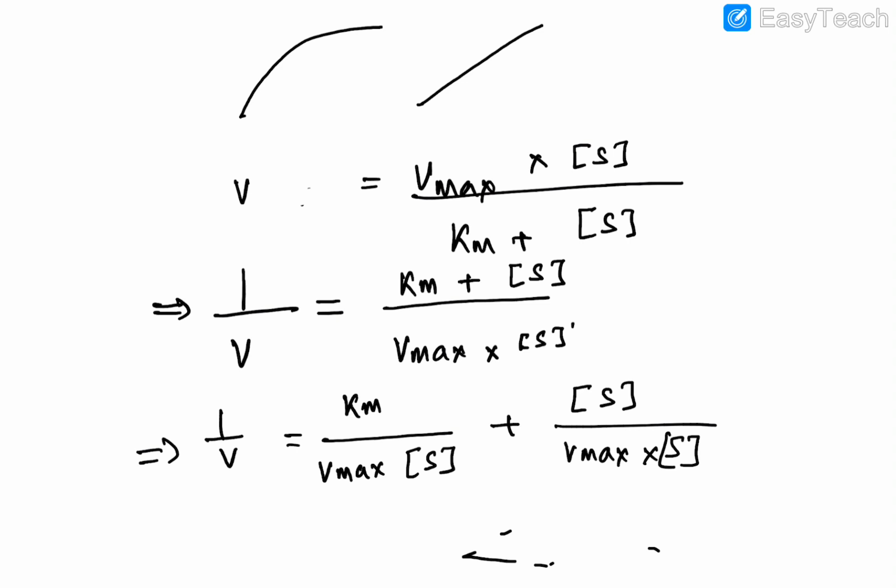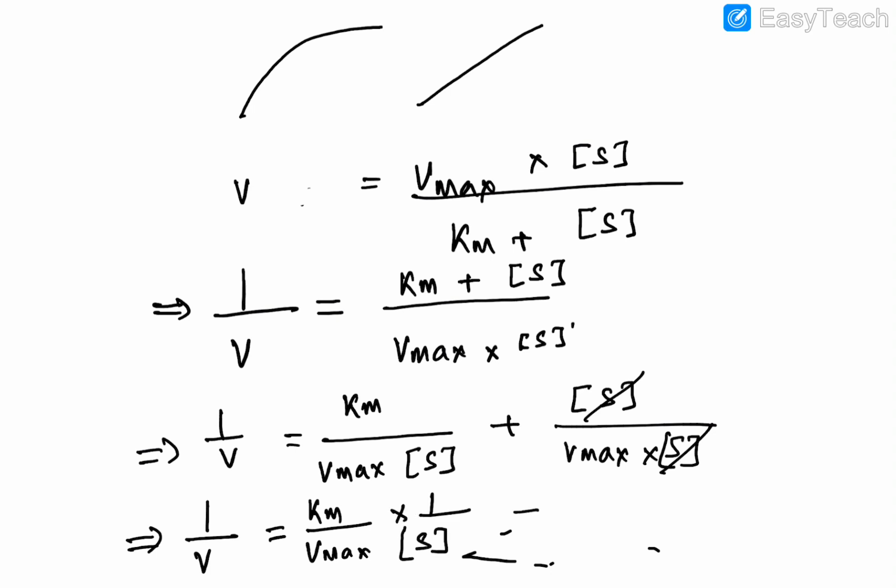If we write it out like this, expand the equation, we can see the substrate concentration on both sides of this particular ratio, it cancels out, and we have 1 by V is equal to Km by Vmax into 1 by substrate concentration plus 1 by Vmax.